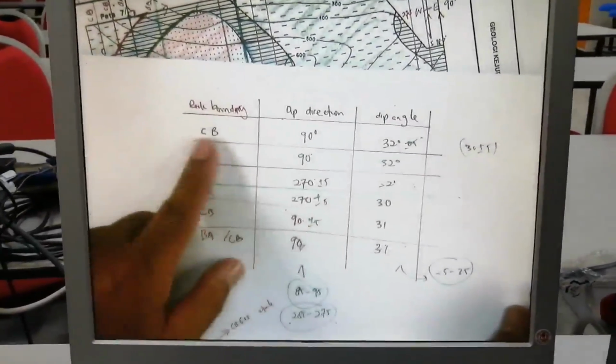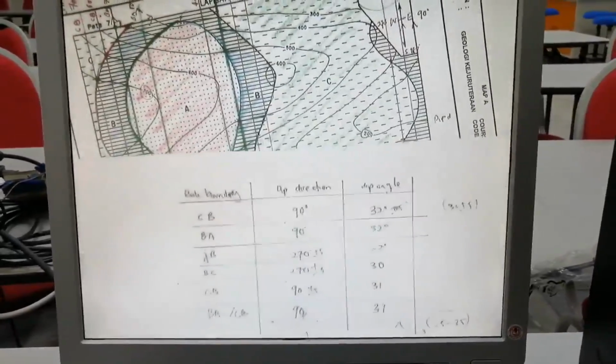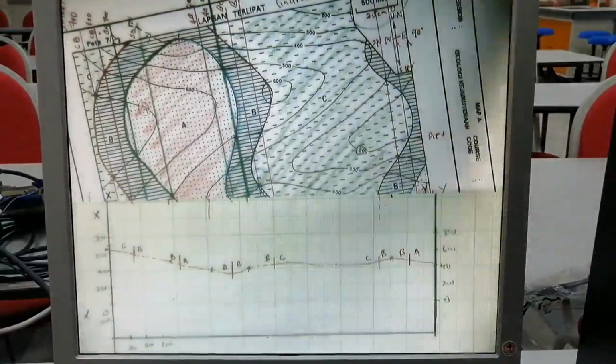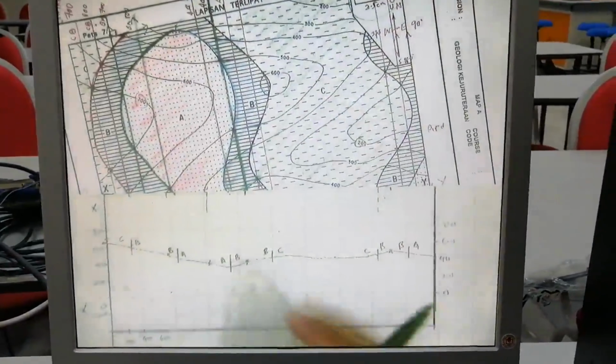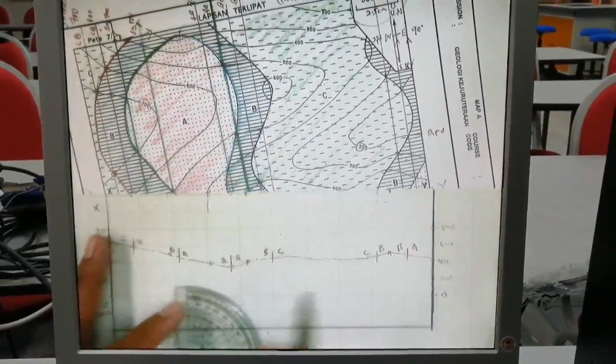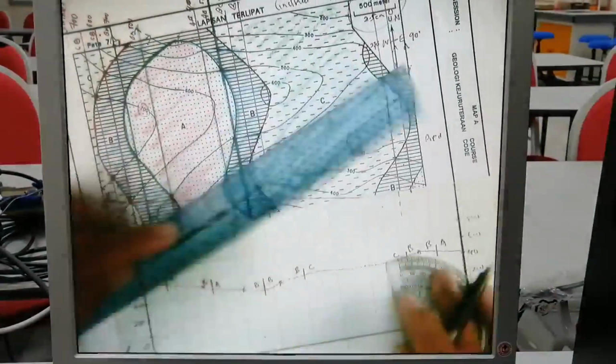So we have CB, the first junction. The first boundary is CB, the dip angle is 32 degrees. So using your protractor, you have 0 to 90 degrees. This is horizontal.